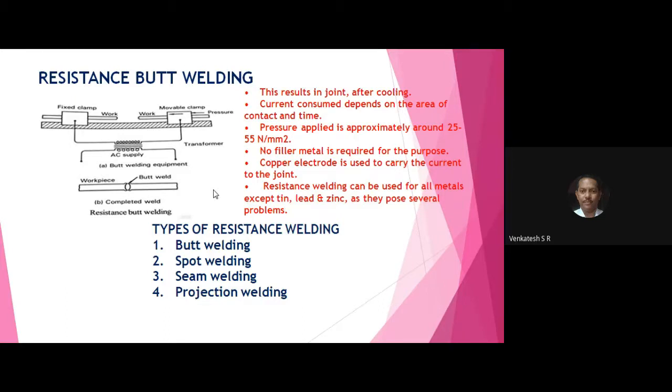Next line, write down. What is resistance welding? Put a question mark.